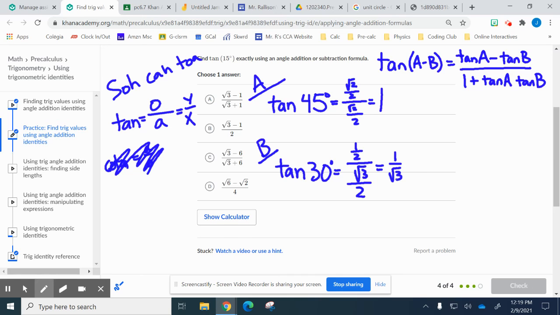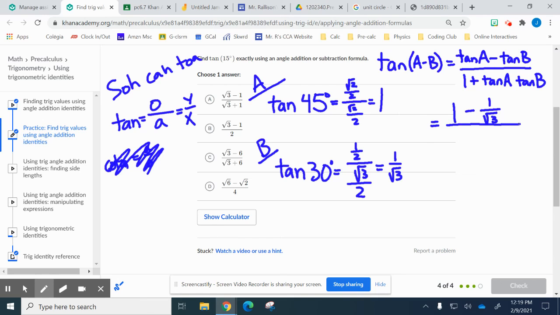All right, so now for our tangent of A, that's going to equal 1, right? So let's just start doing this. So tangent of A equals 1 minus the tangent of B, which is 1 over the square root of 3. We're going to get into a little trouble here in a second.